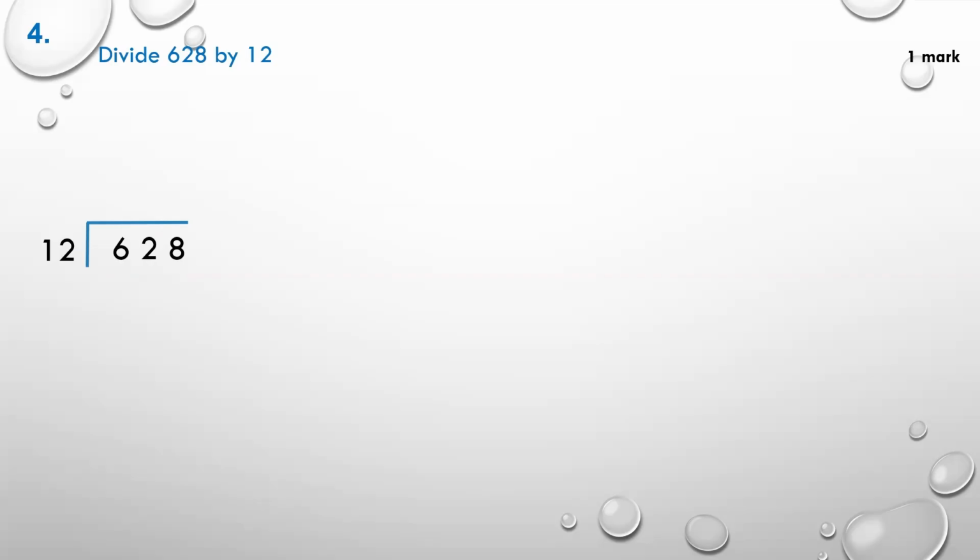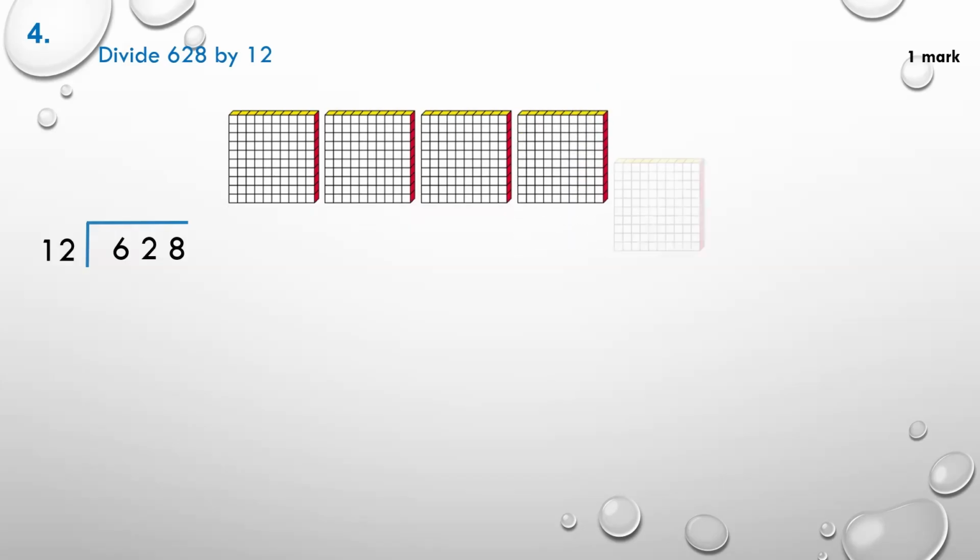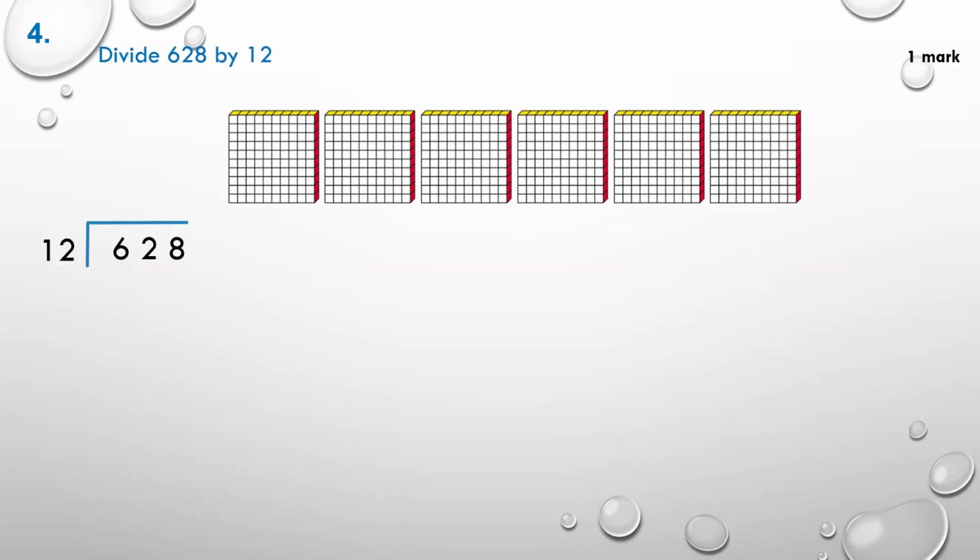So how much do we have in all? We have 6 hundreds, 2 tens, and 8 ones. So let's represent that. Remember that you've been doing your base 10 blocks with your teachers, and each one of these squares is 10 across by 10 down. 10 tens are 100. So we have 1, 2, 3, 4, 5, 6 of those squares representing 600.